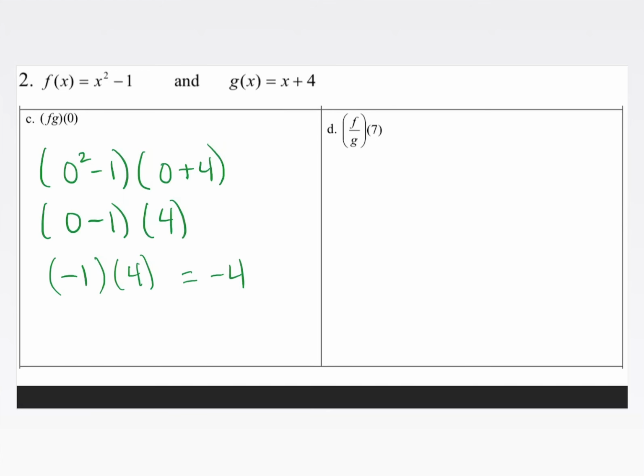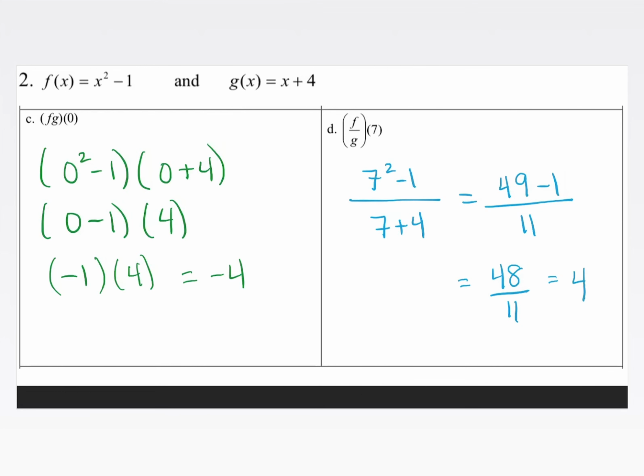For part D, we have f divided by g of 7. So instead of x, we're going to plug in 7 for x. 7 squared minus 1 over 7 plus 4. 7 squared gives me 49 minus 1. 7 plus 4 gives me 11. 49 minus 1 equals 48. So we have 48 elevenths. If you would like to write it as a mixed number, as this is an improper fraction, this is equivalent to 4 and 4 elevenths.